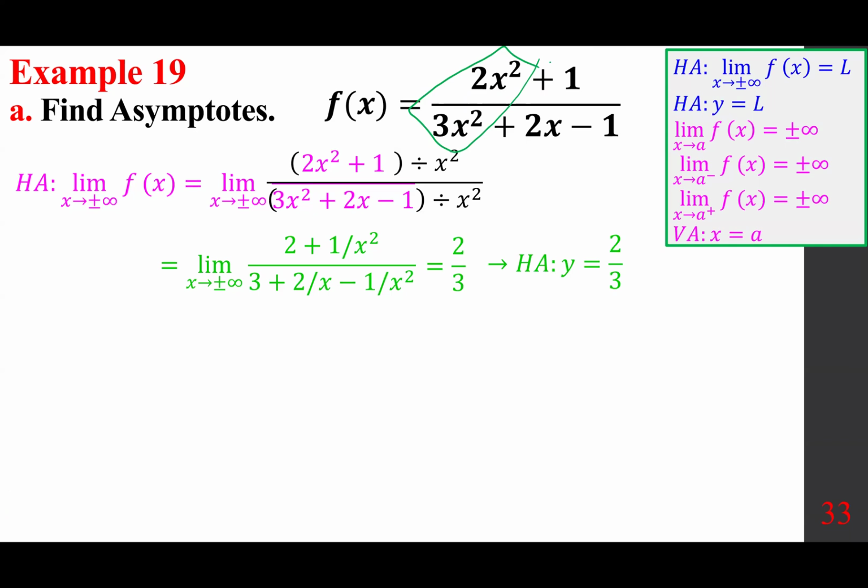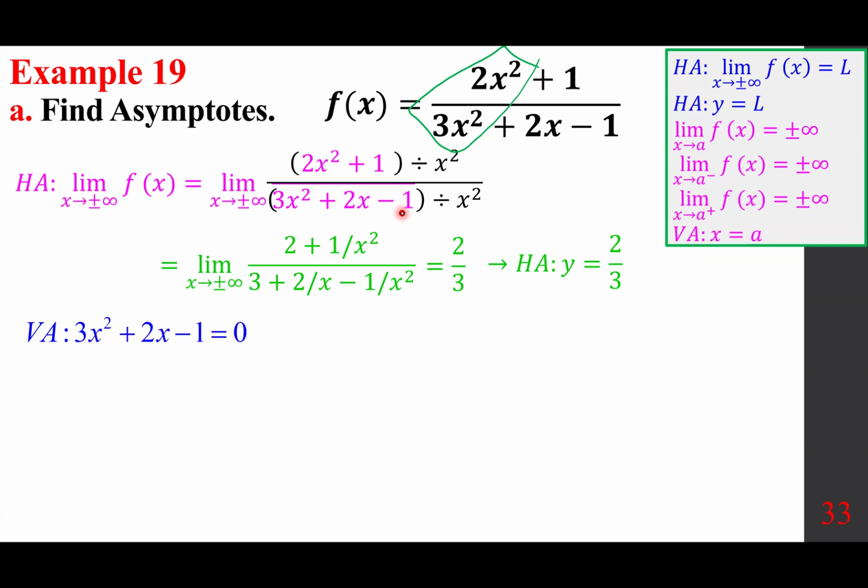As far as the VA is concerned, and again, I'm reminding you of these definitions for horizontal asymptote and for vertical asymptotes, what happens is that for the VA, you can go through the process of taking the limit, or simply remember that you set the denominator equal to 0. 3x squared plus 2x minus 1 equal to 0.